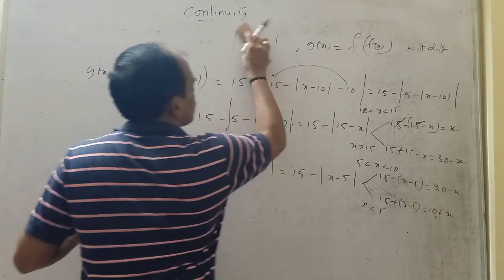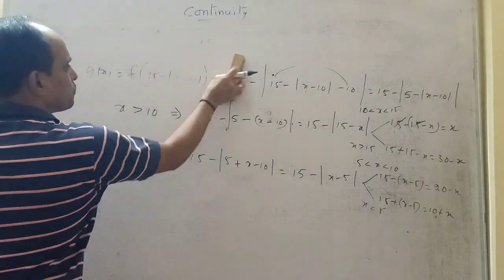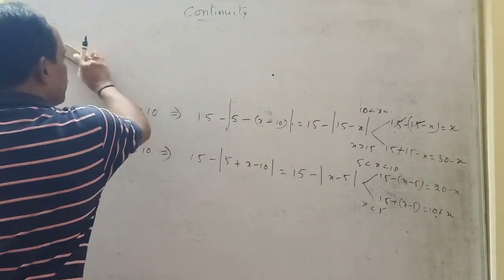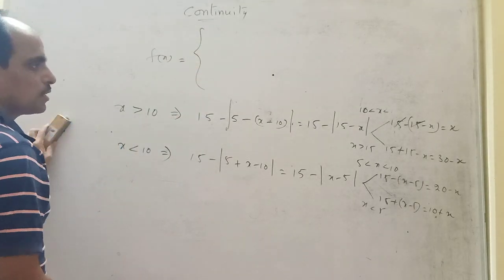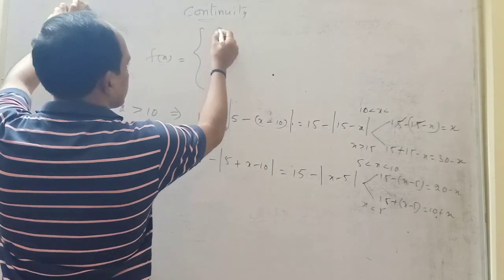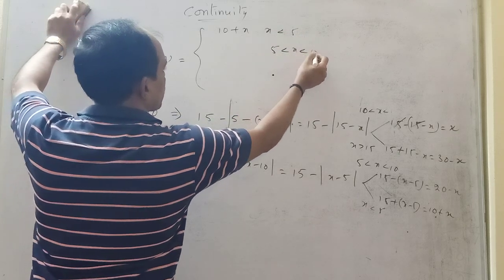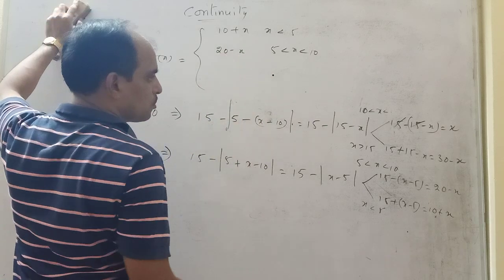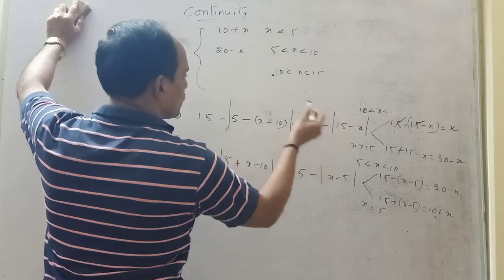The complete problem reduces into 4 functions. So now I can define the function: f(f(x)) is equal to 10 + x for x less than 5. In between 5 to 10, it is 20 - x. For 10 less than x less than 15, it is x.